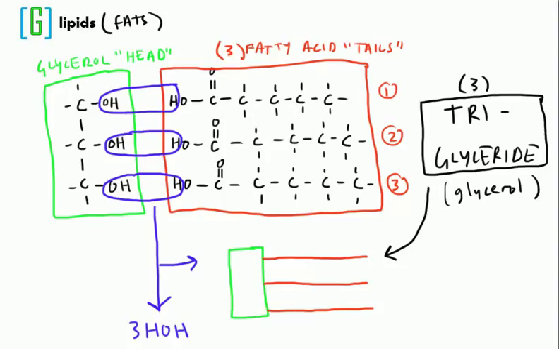It is this glycerol molecule and the 3 fatty acid tails sticking off the back end, stuck together by a dehydration reaction. One last thing before we leave real quick is that each one of these fatty acid tails is basically what we would call, and you can see why for obvious purposes, a hydrocarbon chain.